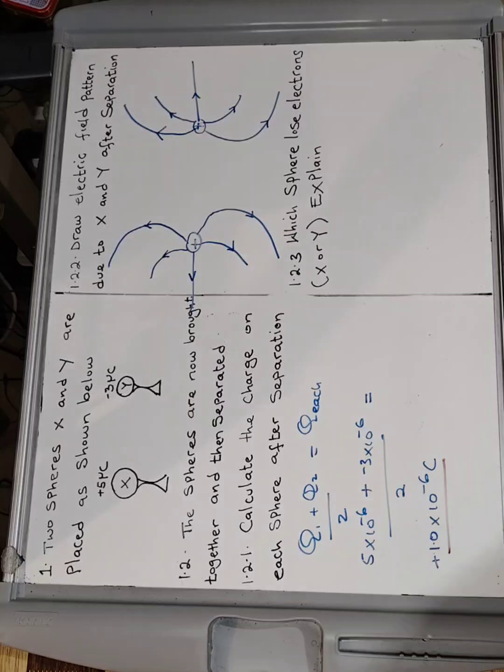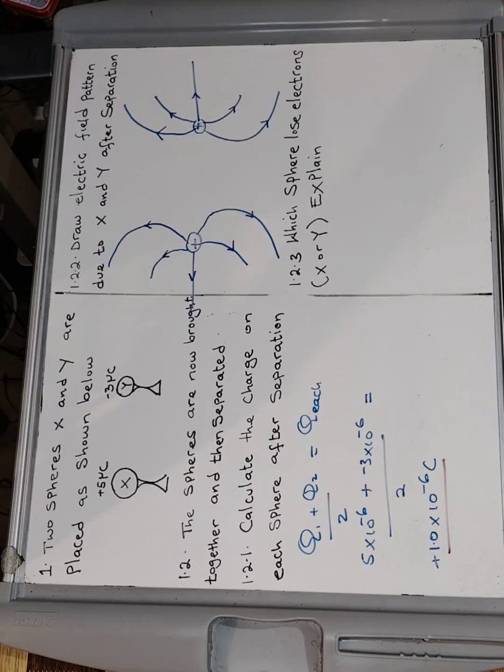So you need to know what positive and negative imply. What does positive imply? Positive is obtained by removal of electrons. As electrons are pumped out, a positive charge is created. So a positive charge implies a deficiency of electrons.